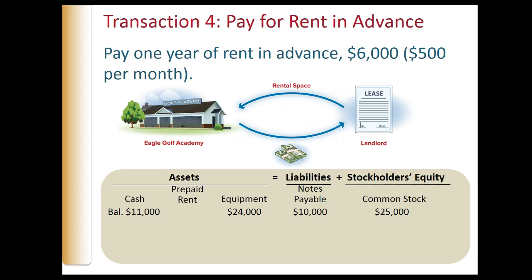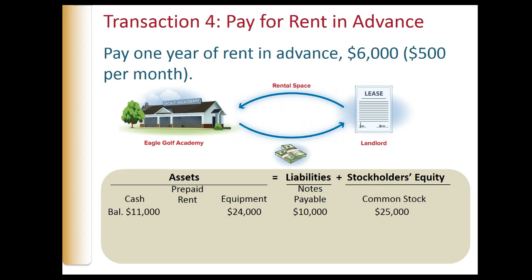Let's look at another transaction. Eagle pays one year of rent in advance. So Eagle has to pay $500 a month rent, but the company's going to go ahead and pay $6,000, which is 12 months' worth of rent in advance.